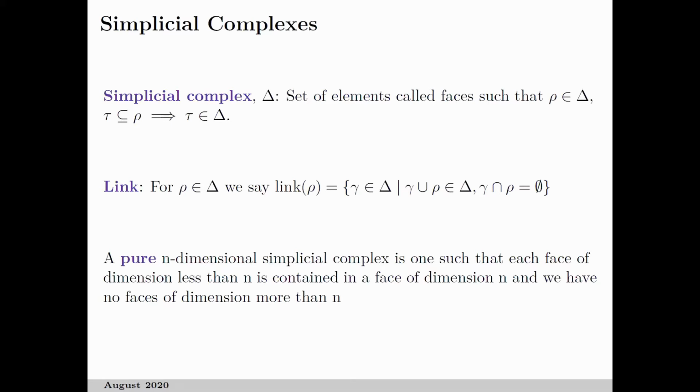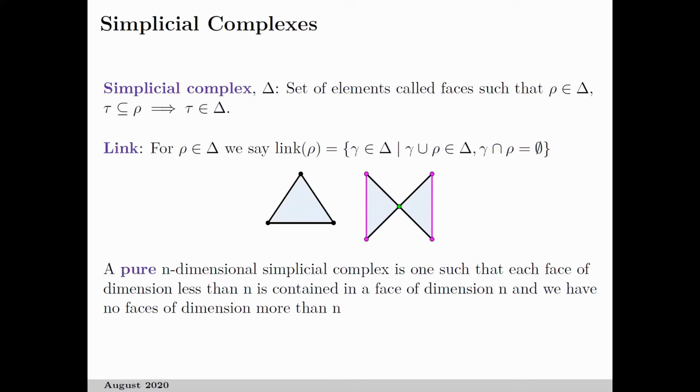A pure n-dimensional simplicial complex is one such that each face of dimension less than n is contained in a face of dimension n, and we have no faces of dimension more than n. Again, speaking loosely, a pure simplicial complex can be thought of as being created by gluing together copies of the same building block, where the blocks we can choose from are limited.